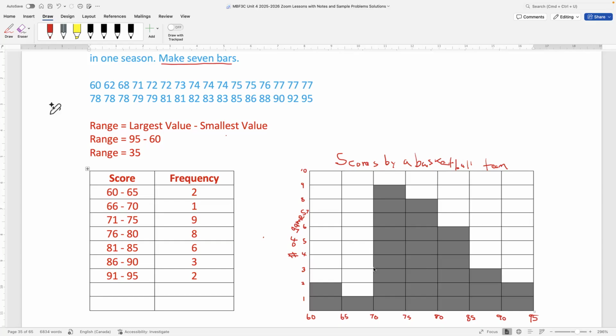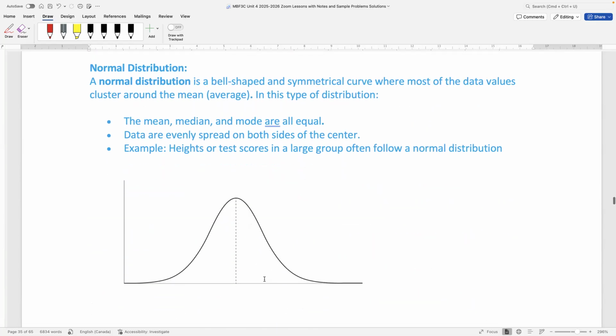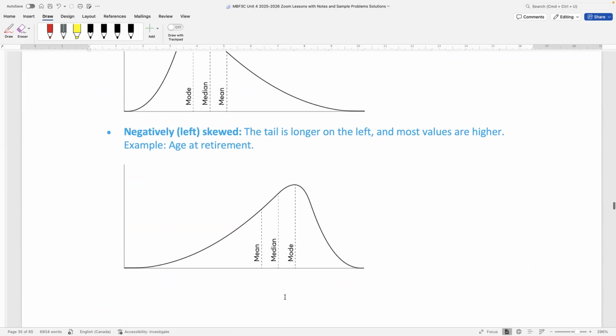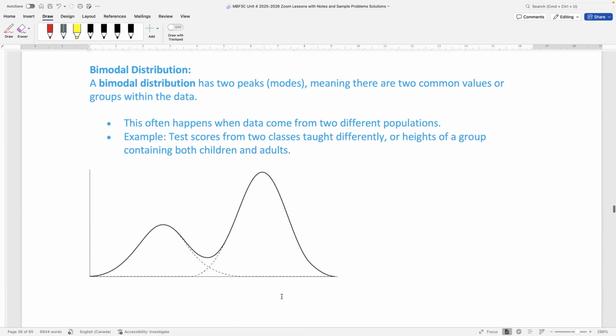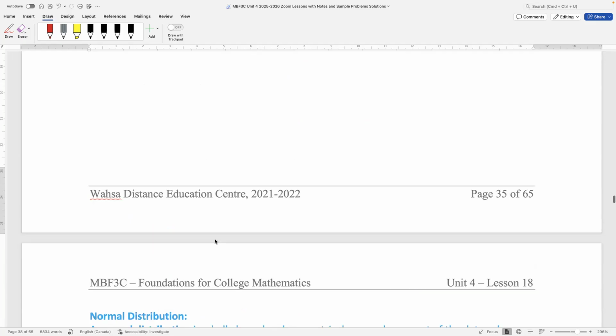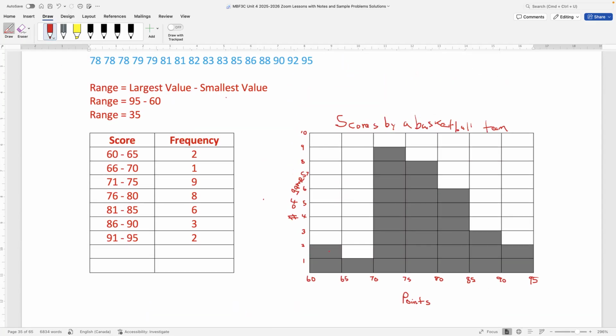So this probably would be right skewed, not quite normal. But again, as I said before, there's very few examples where you're going to get a perfect curve like this or like one of these two here. There's going to be maybe a slight variation. What we would do if we want to go from a bar graph to a distribution is put a dot in the middle of each one of these, like so, and then connect each of the dots.